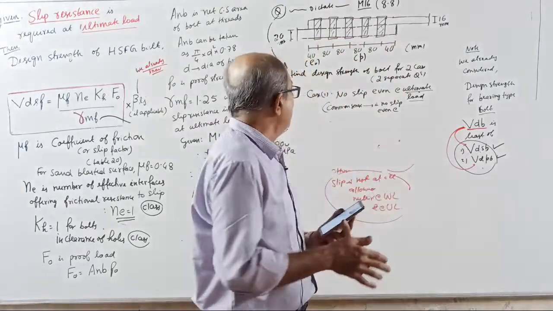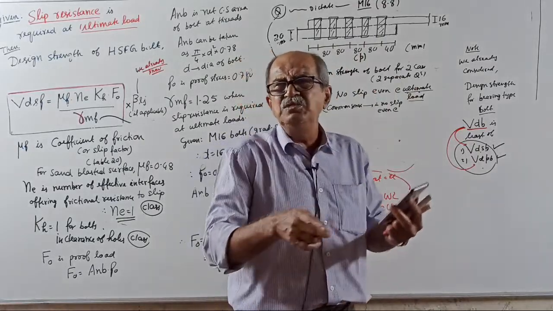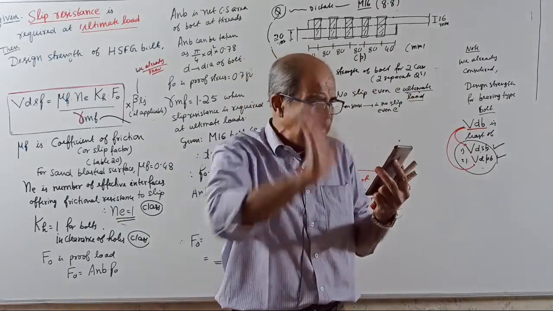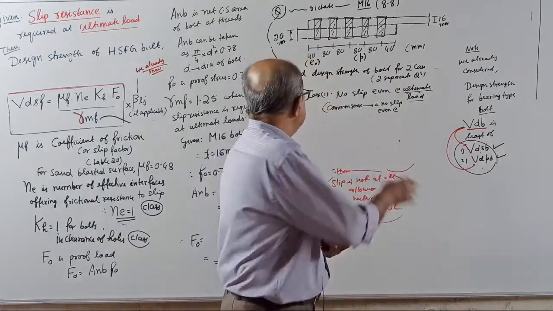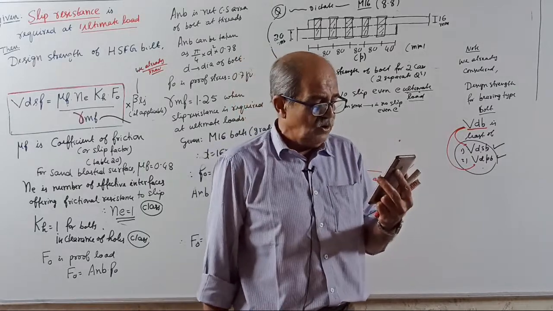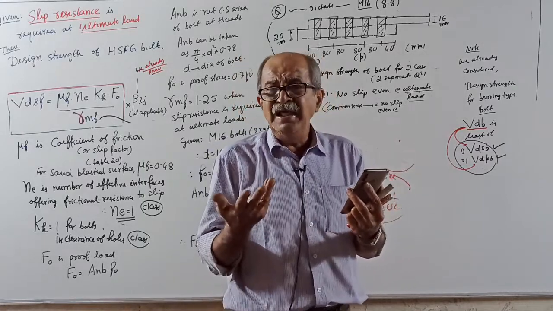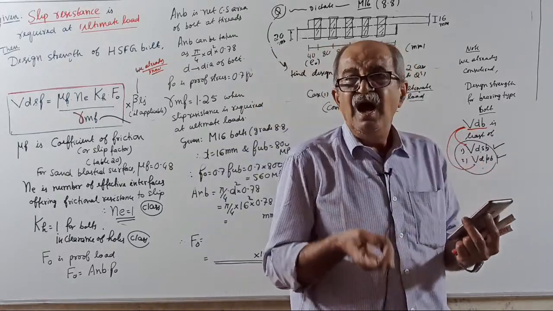If it is not answered, I should stop the class and leave. No slip even at ultimate load means what? Slip is not allowed at what load? Such a simple question you are not answering.